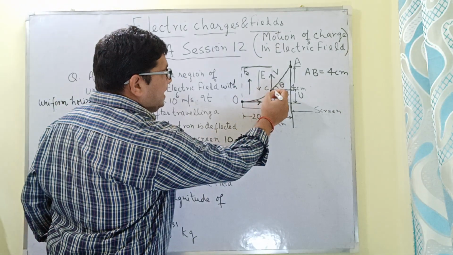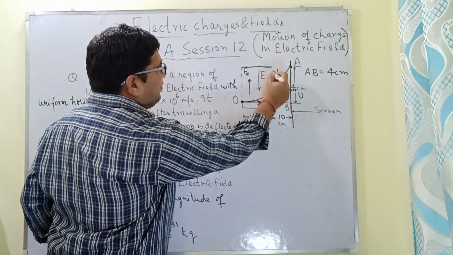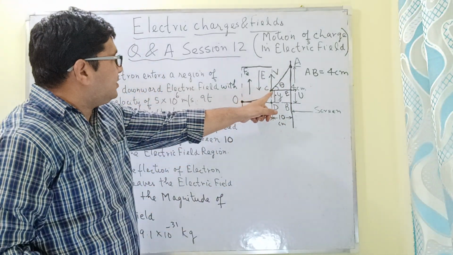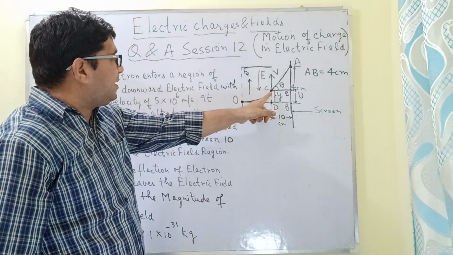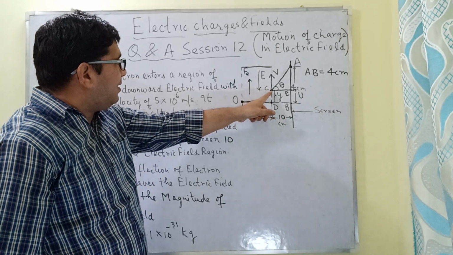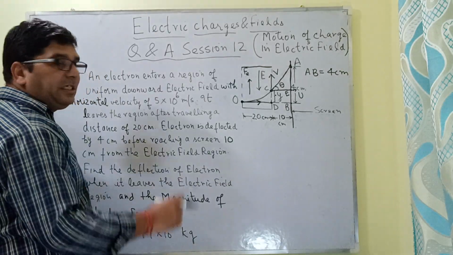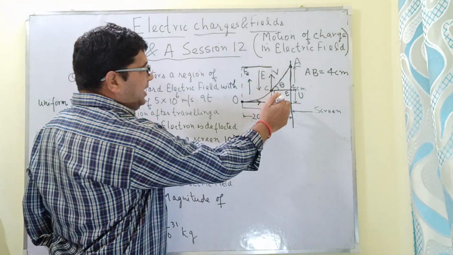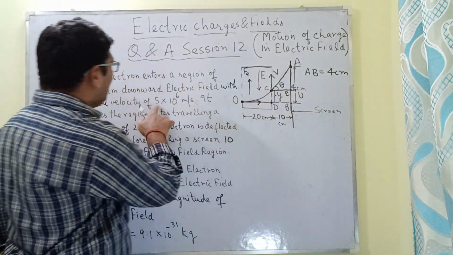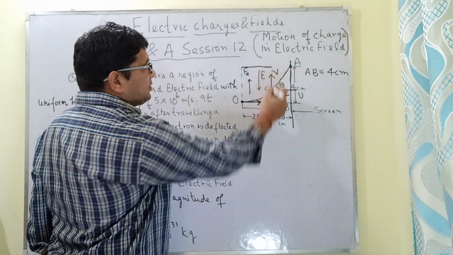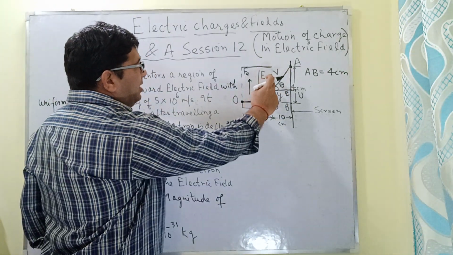When it leaves this electric field region at the point of exit, it will have two components of velocity. One is the horizontal component, equal to 5 into 10 to the power 6 meters per second, and at the same time it will also gain a vertical component.